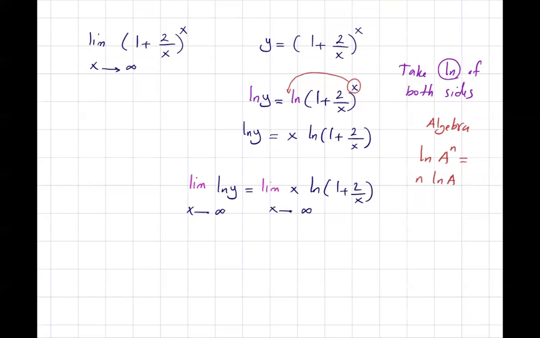We don't have any issue with the limit on the left-hand side because it only has a y in it. But what about the limit on the right-hand side? This is equal to infinity times ln of 1 + 2/infinity, which is 0. You end up with infinity times ln 1, or infinity times 0, which is indeterminate form.